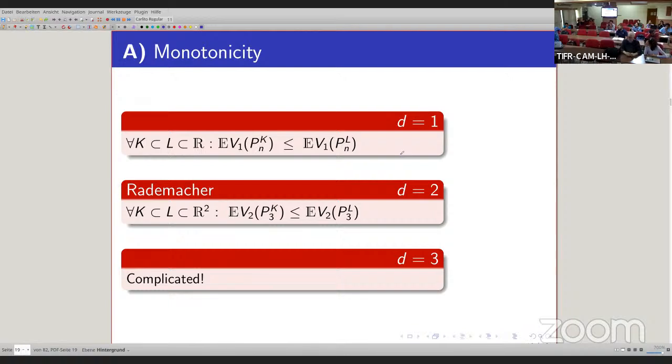So in the d equals 2 case, is the approach kind of similar? Like if K is smaller and very much inside L, then you can probably say with high probability the random polytope that is inside L contains K, and therefore this kind of monotonicity property holds.